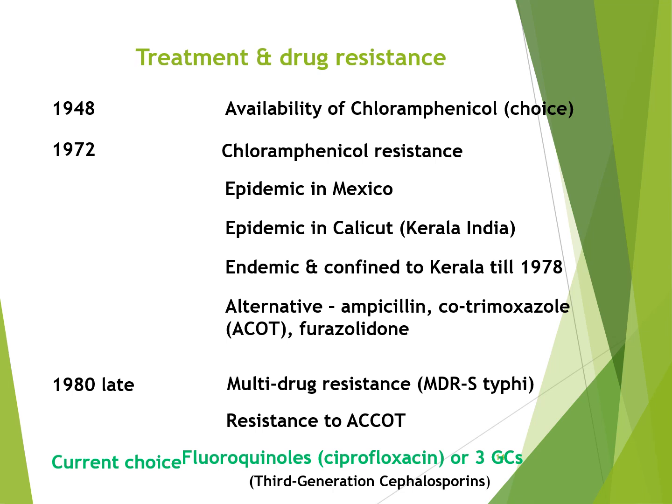Alternatives used at the time were ampicillin, cotrimoxazole, and fluoroquinolones. After the 1980s, there was multi-drug resistant S. typhi, with resistance to ACCOT, which is ampicillin, cotrimoxazole, and so on. But currently the choice is fluoroquinolones such as ciprofloxacin, or 3GCs.